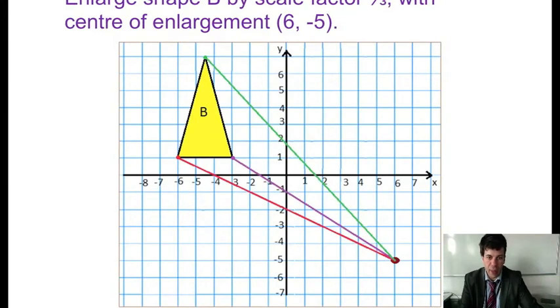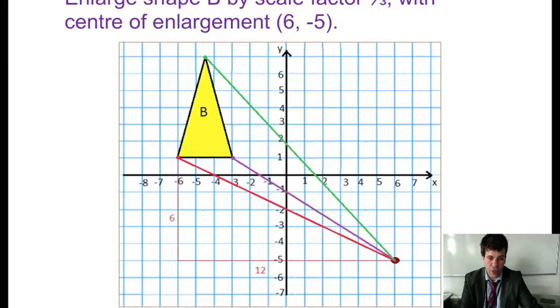We can count how many squares along to the left and how many up to each vertex, spotting that the scale factor is not 3 but 1/3. So rather than having the image vertices 3 times as far compared to the object, it should be 3 times nearer, or if you like, each side will be 3 times smaller compared to the object.